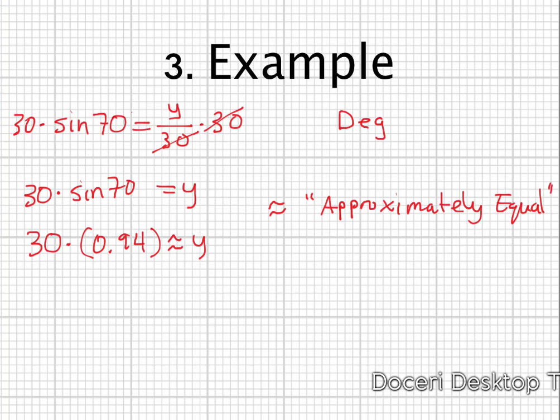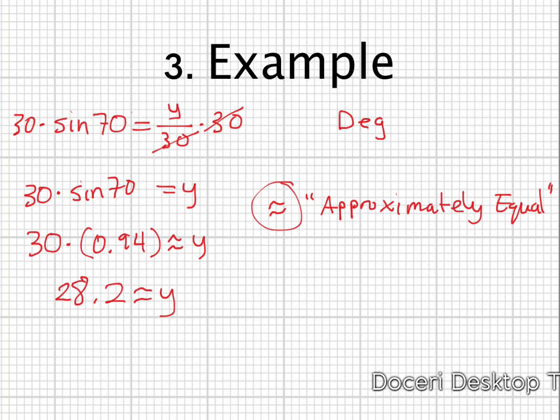Anytime you're rounding, you use this symbol. Now all I have to do is multiply my answer by 30, and I get approximately 28.2. This is also rounded to the nearest tenth.